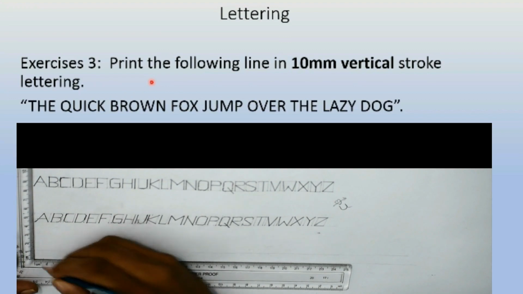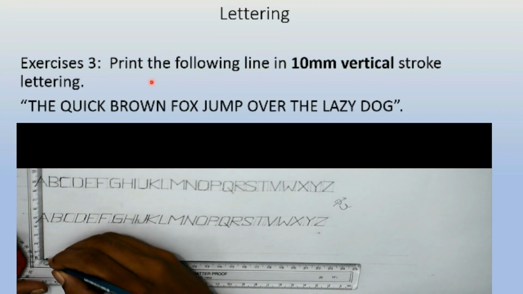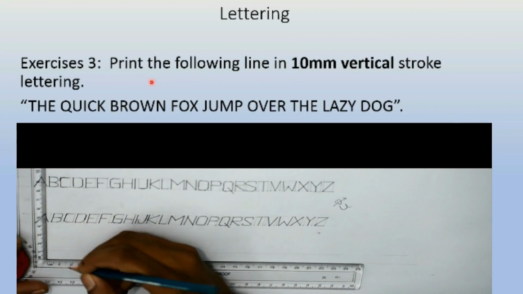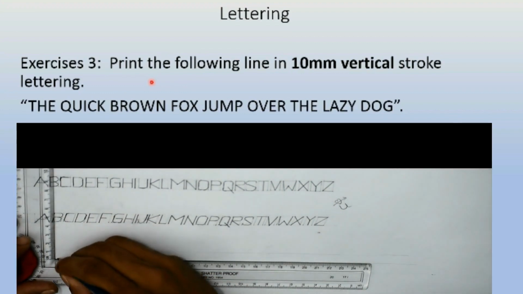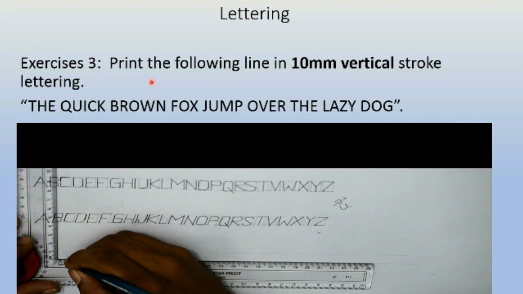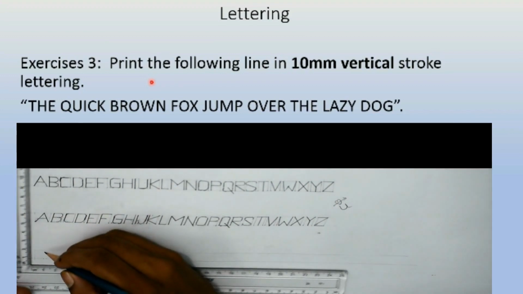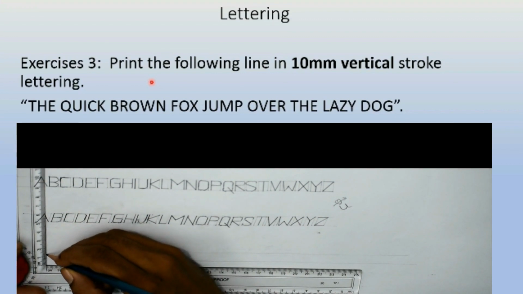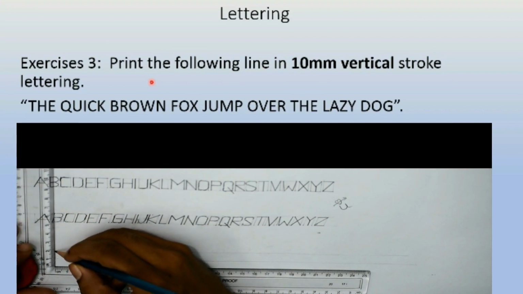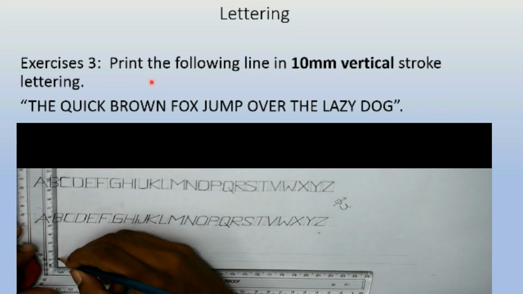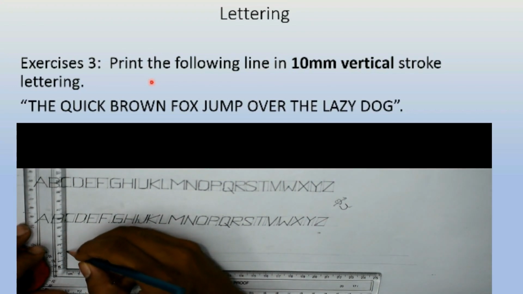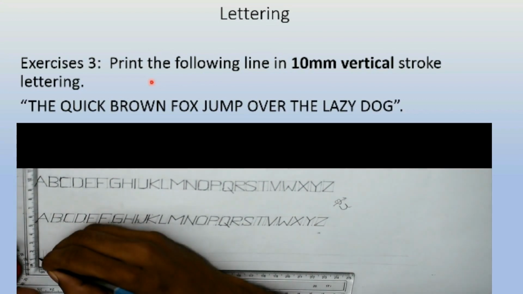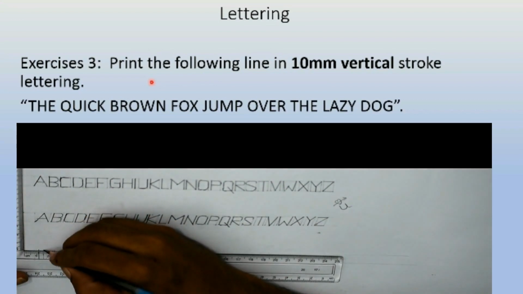I'm taking a 7 mm width, 2 mm gap, T, H for H, then again 2 mm gap for E, 7 mm width. Now I will complete the letter. The O.